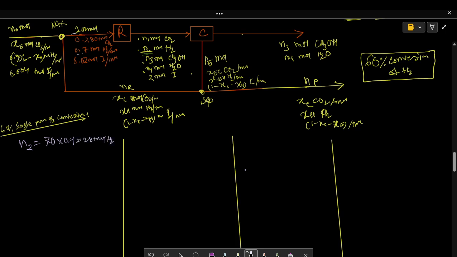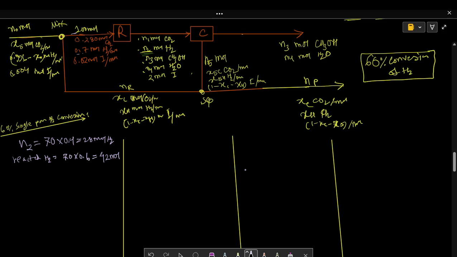Now we calculate the unknown N2. This is unreacted hydrogen. The reacted hydrogen will be 60%, so 70 into 0.6, this will be 42 mole reacted.